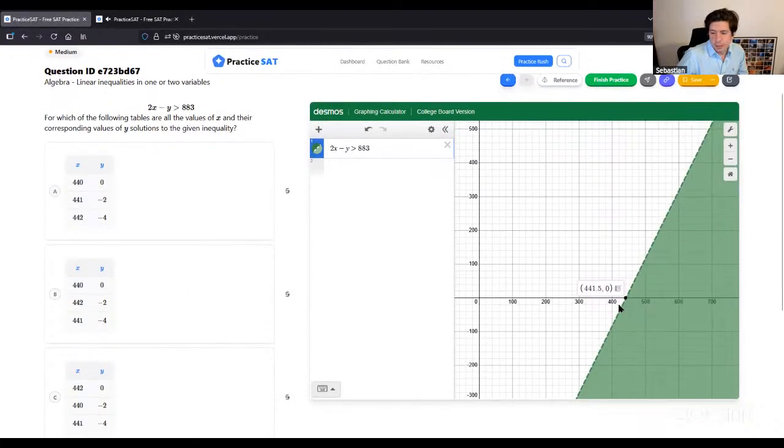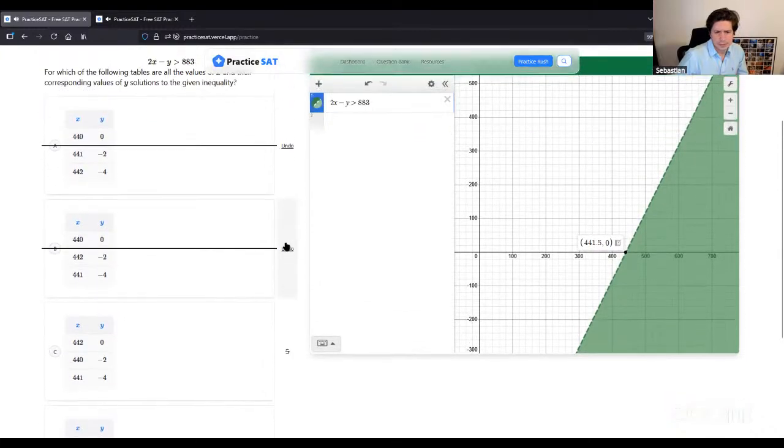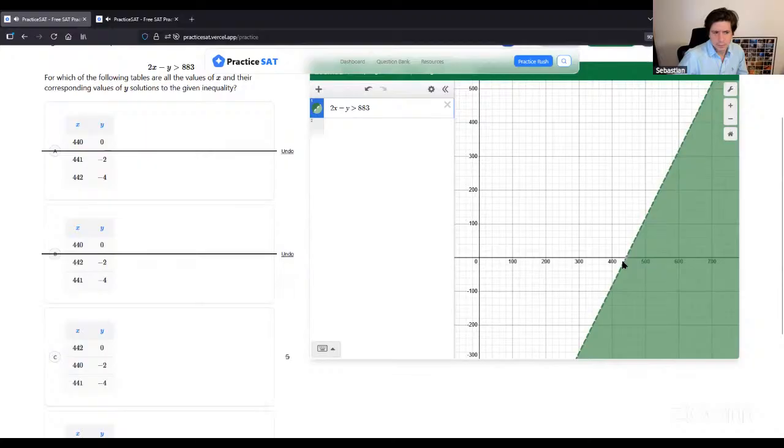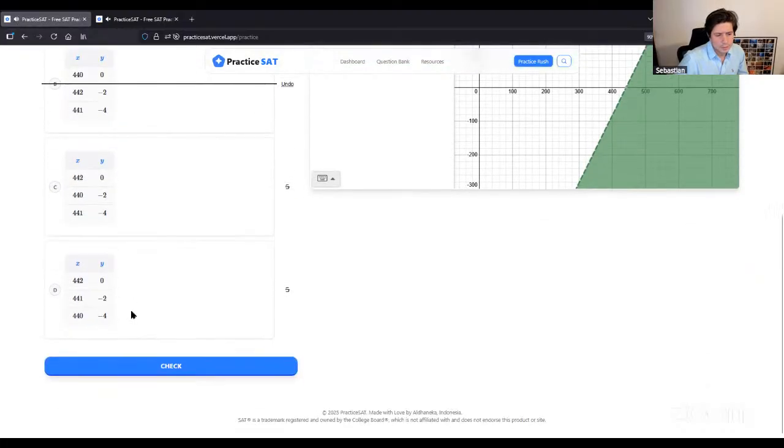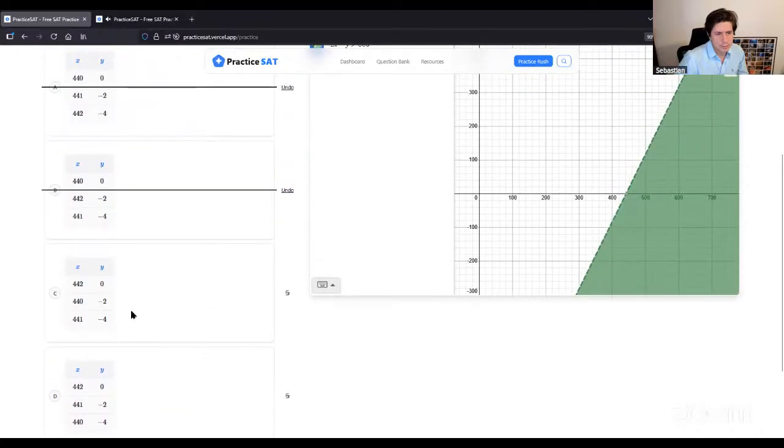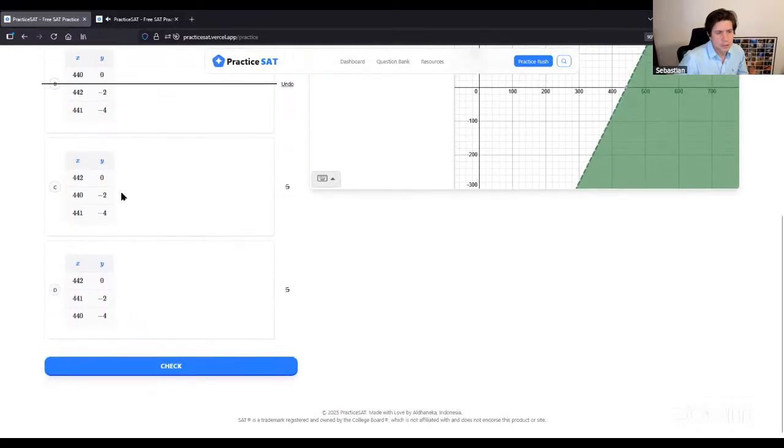Then 441 has to be greater than -1. So it's not going to be A. Oh, wait up, actually. Hmm. 442. Let's see this. 440. Oh, these are 442. I misread this. See, this is what's happening to me.